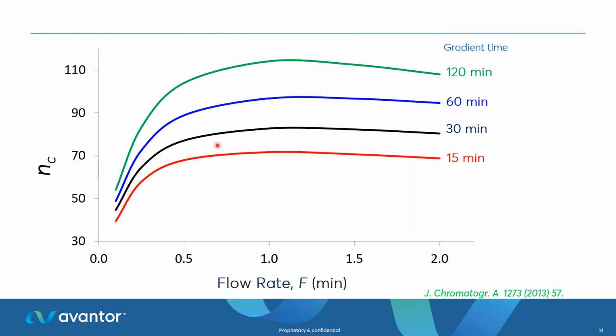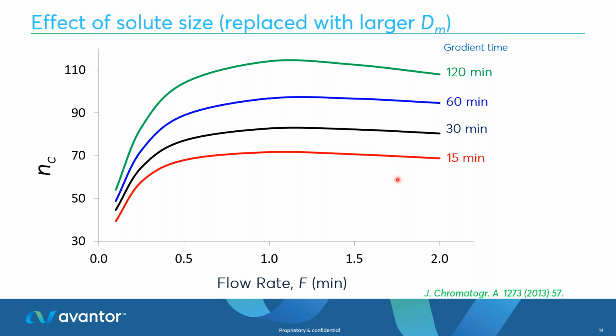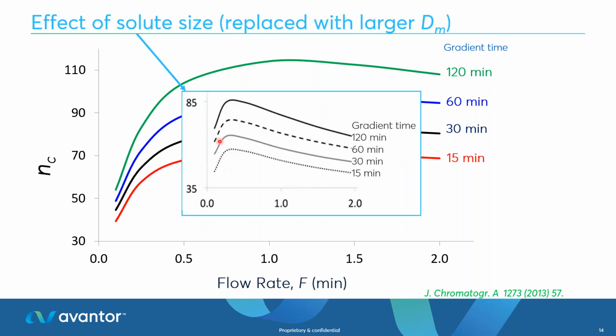So we eventually found that by repeating all of these calculations for the small molecules, but simply replacing the diffusion coefficients of the small molecules with those of the peptides, you can see again, there is a distinct maxima in peak capacity versus flow rate.